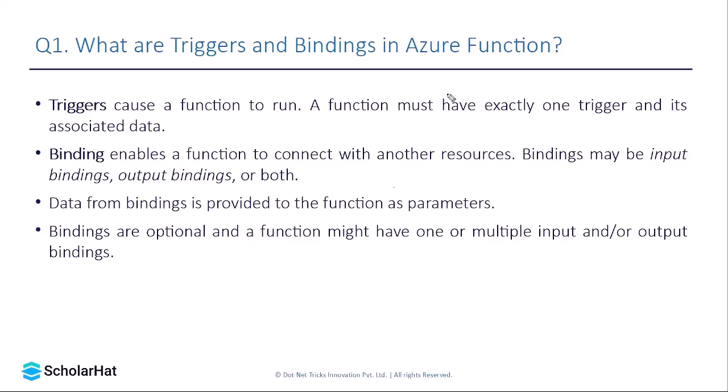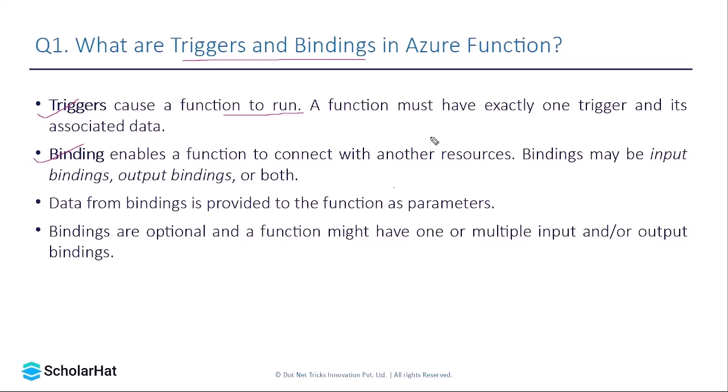So there are a couple of questions which can be asked around the triggers and bindings concept in an Azure function. But first of all, let's discuss what we mean by triggers and what we mean by binding. Triggers basically cause a function to run, and there are different types of triggers available in Azure function. It could be a blob trigger, an HTTP trigger, or a timer trigger.